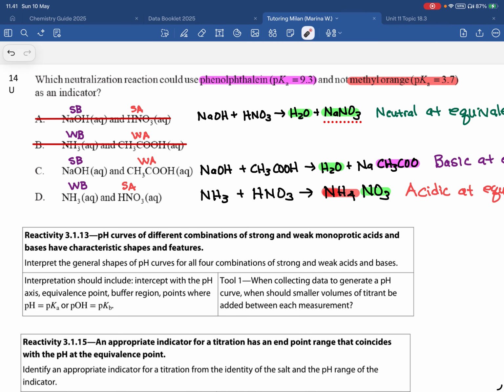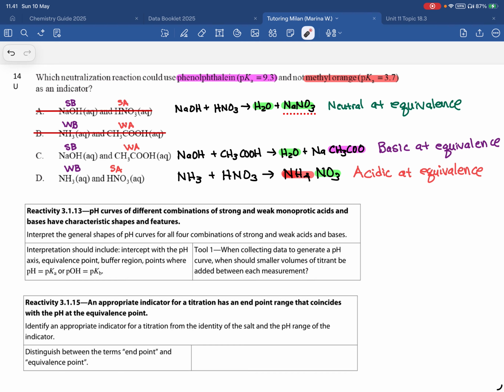Now, there's the reality, and then there's the way to memorize it. The reality is that a weak acid will dissociate into the salt of a weak acid, which is basic at equivalence. Meaning you would see a change with phenolphthalein, and you would not see the change with methyl orange.